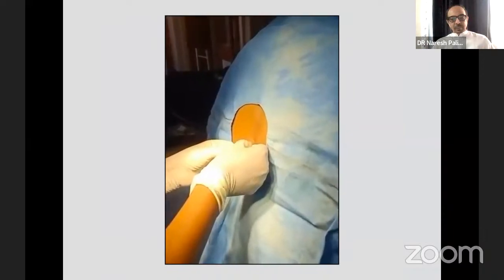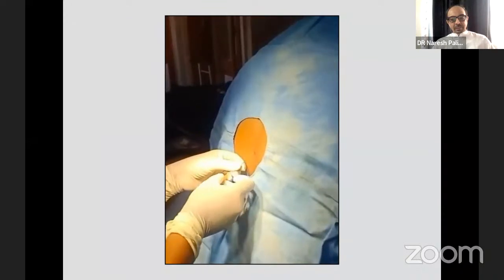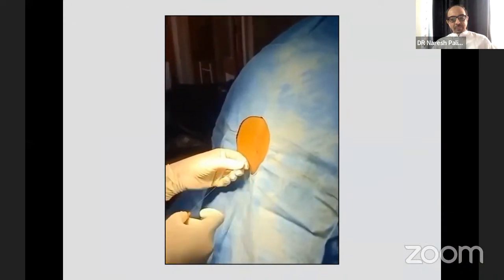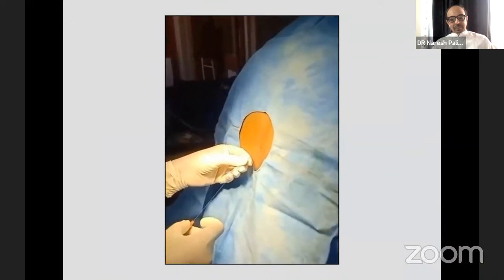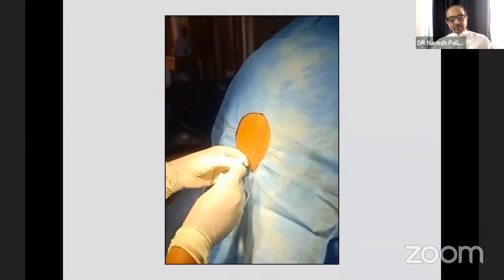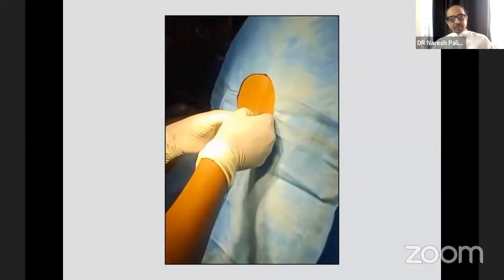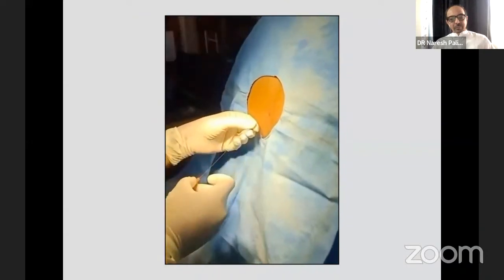The space was located. We are novices in ultrasound, so the depth could not be located, but just the direction of the needle was noted according to the probe. This is how you should go.